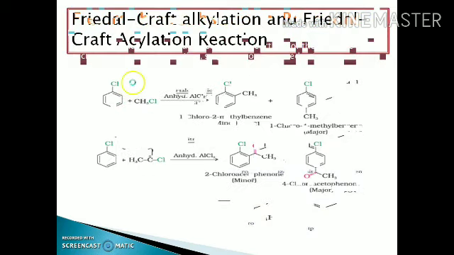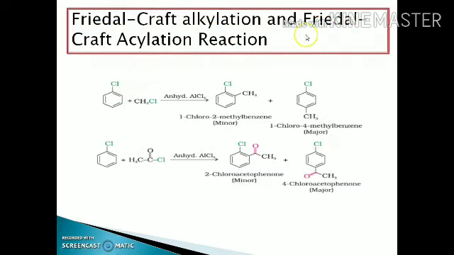Next, the Friedel-Crafts alkylation and Friedel-Crafts acylation reactions. In the alkylation reaction, chlorobenzene is treated with an alkyl halide in the presence of anhydrous aluminum chloride, which acts as a carrier of the electrophile, to give 1-chloro-2-methylbenzene as a minor product, while 1-chloro-4-methylbenzene is formed as a major product.